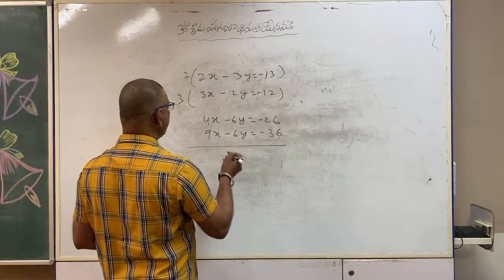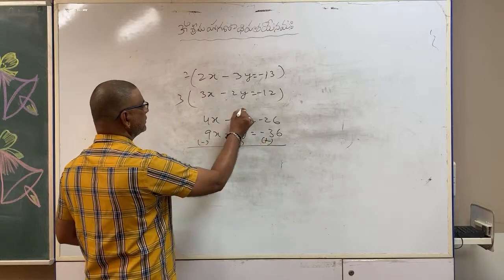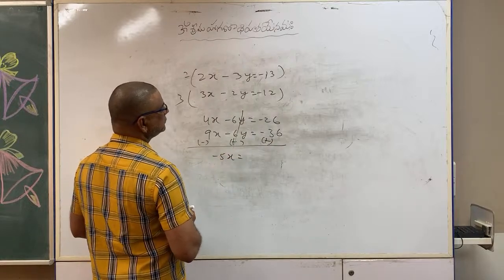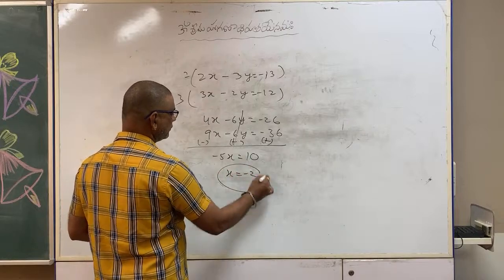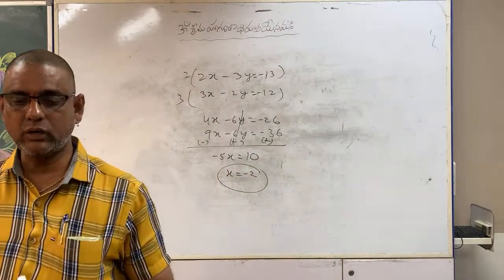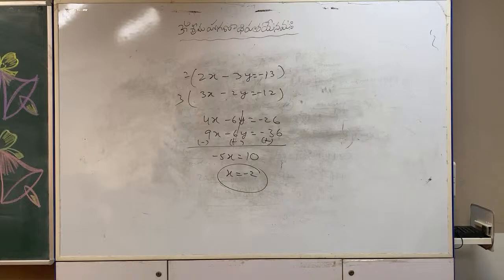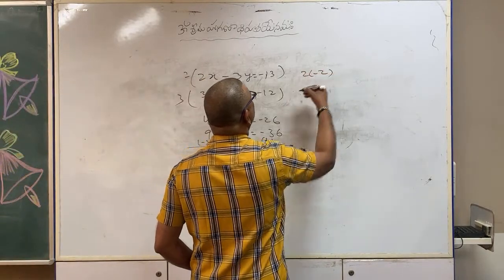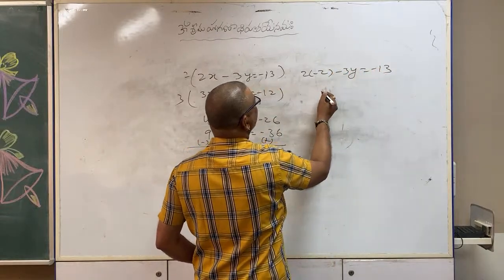Both the numbers have the same sign, so subtract. These two get cancelled. Minus 5x is equal to 10. X is equal to negative 2. Then what is y? If x is negative 2, 2 into negative 2 minus 3y is equal to negative 13.